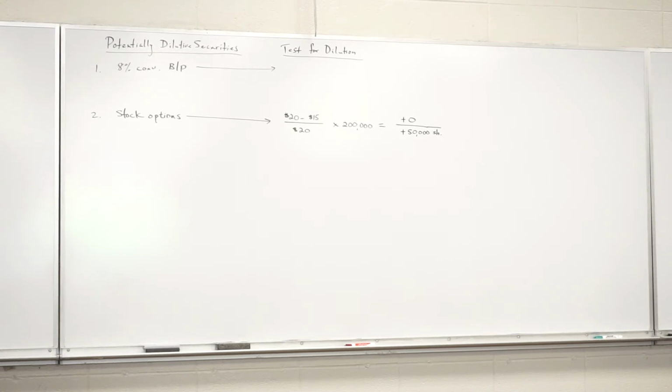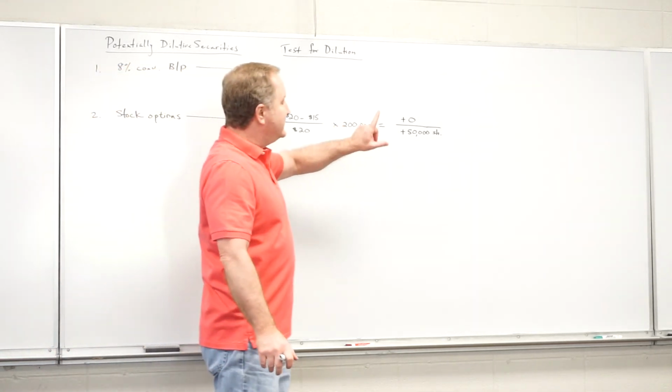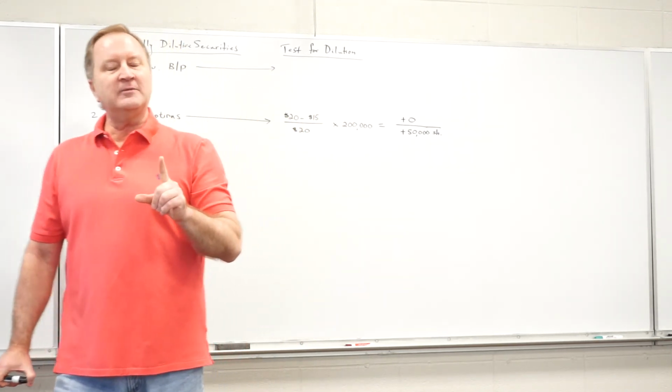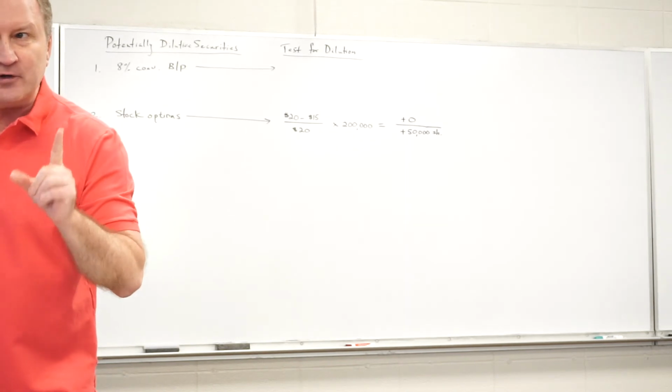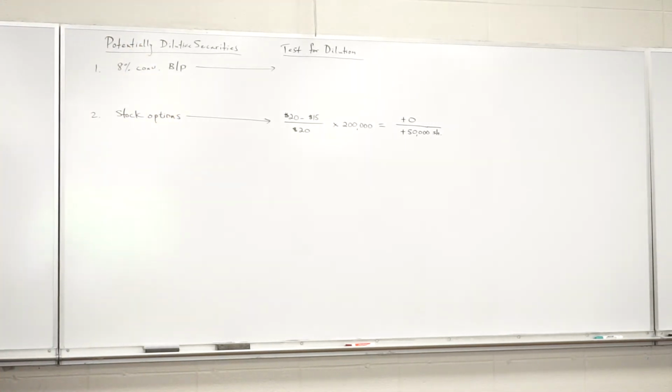So we know when we do diluted EPS, we're going to have to assume these are exercised. And you should automatically know that stock options never affect the numerator, because look what the numerator is made up of: net income and preferred stock dividends.